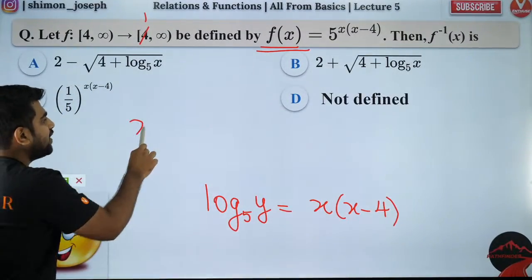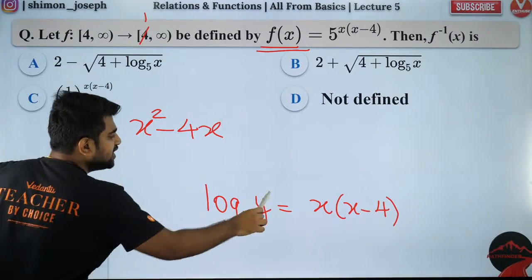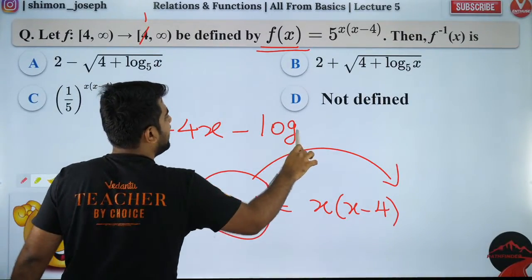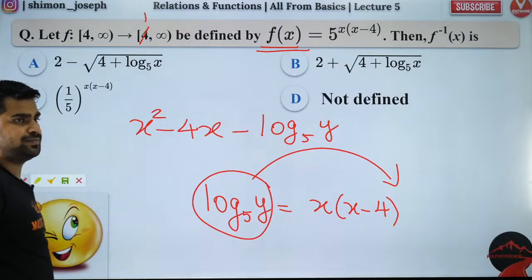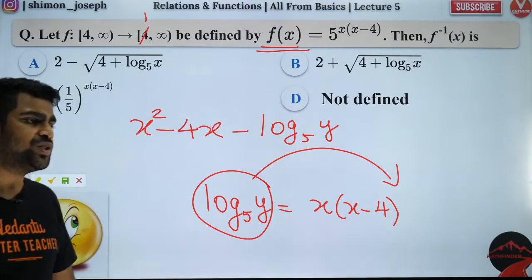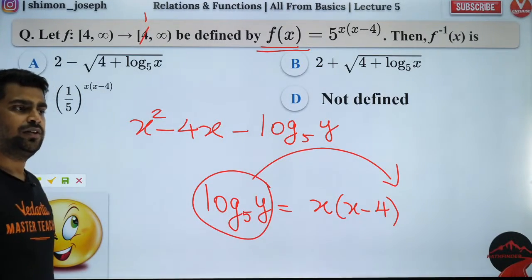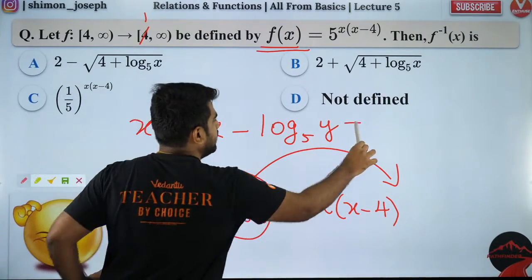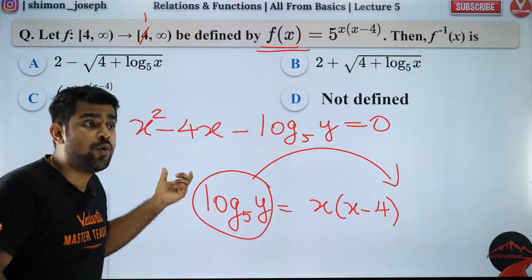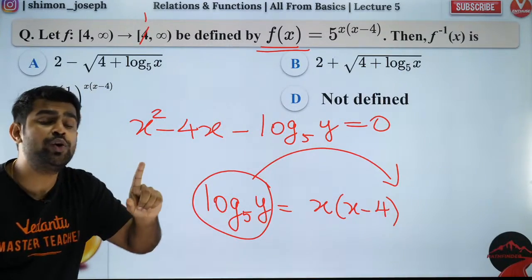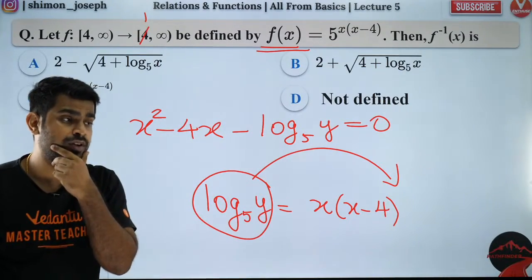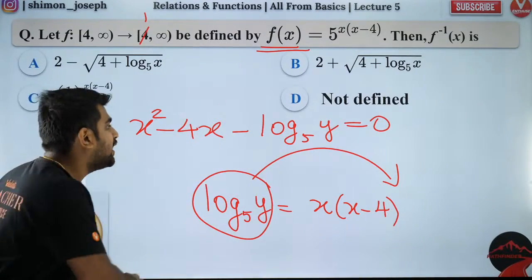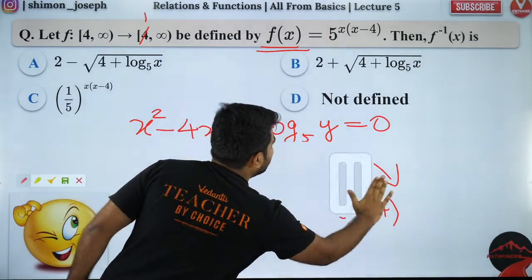Now what do I have? I have x square minus 4x. Now this term, I will take it to the left hand side. So I'll have minus log to the base 5 y. Is that correct? Till here you guys have understood it? Absolutely fantastic. So now this is equal to 0. Now guys, whenever we want to find inverse, I told you, get x in terms of y. So I need to get x in terms of y. How can I do that? I can use the quadratic formula, because this is a quadratic equation in x.